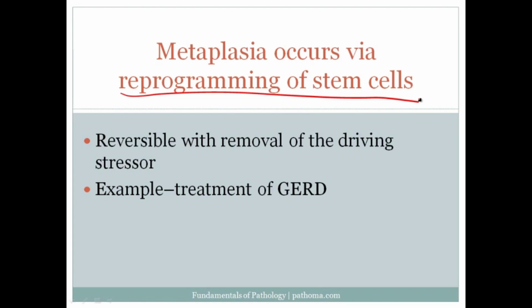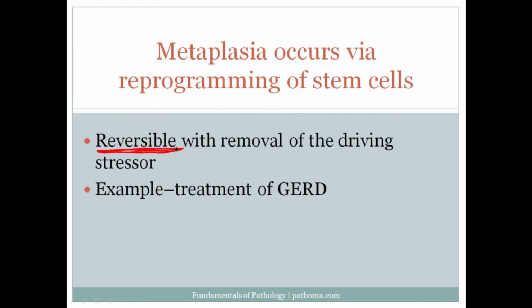If they see acid, they begin to say, well, squamous cells aren't good at dealing with acid, and instead they convert themselves to columnar cells. And when they convert themselves to columnar cells, that results in the metaplasia that we've been discussing. Now, very important to know, metaplasia is reversible. That's a high-yield principle.